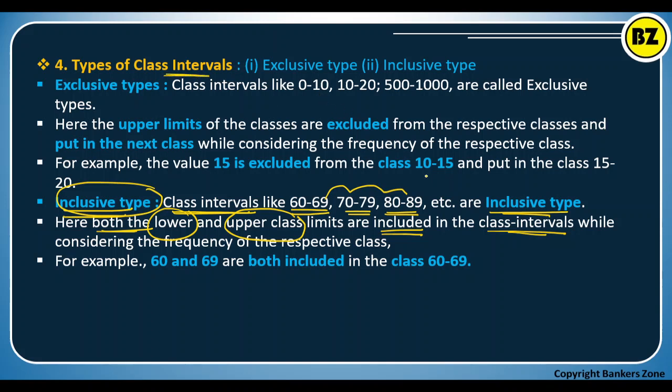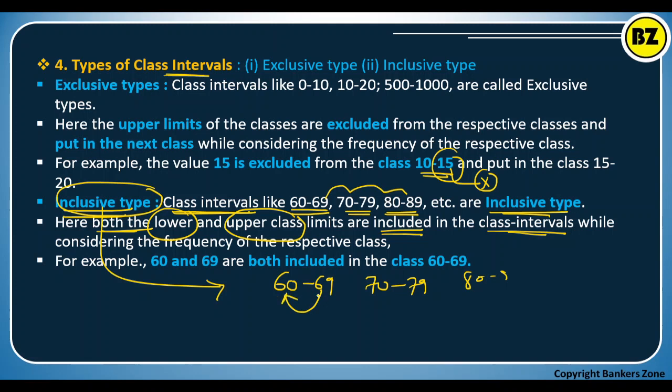For example, 10 to 15, the upper limit 15 you are excluding. But in the case of inclusive, the interval is like 60 to 69, 70 to 79, 80 to 89, both the lower as well as the upper limit are included in the same interval.